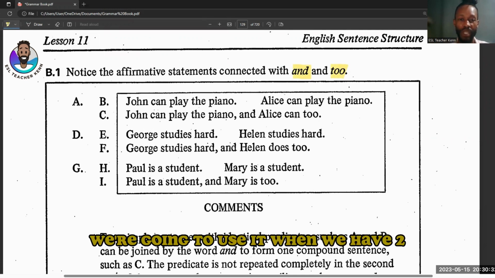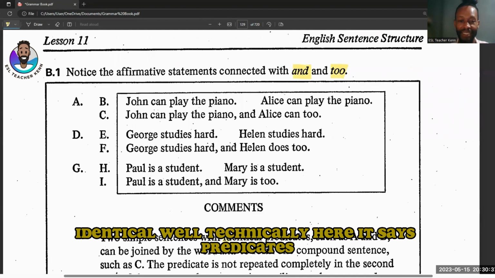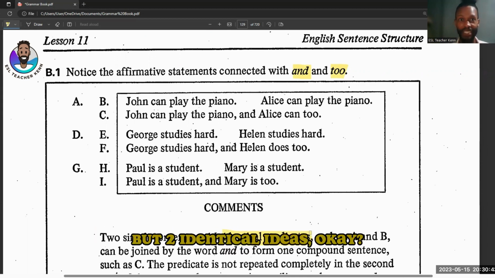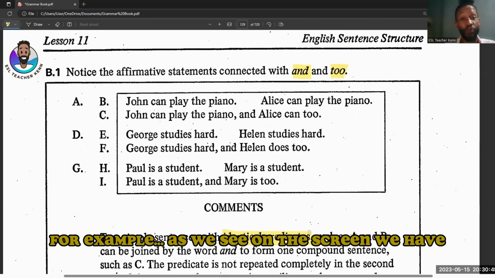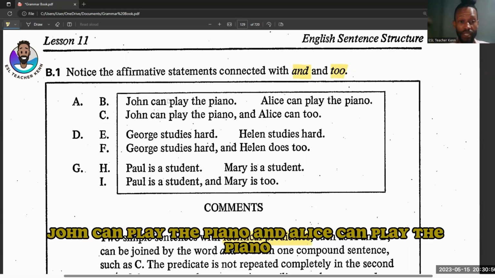We're going to use it when we have two identical, well, technically here it says predicates, but two identical ideas, two situations that are the same for two different people. For example, as we see on the screen, we have John can play the piano and Alice can play the piano.